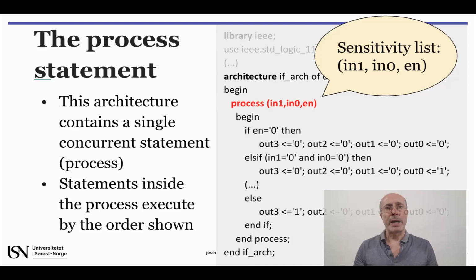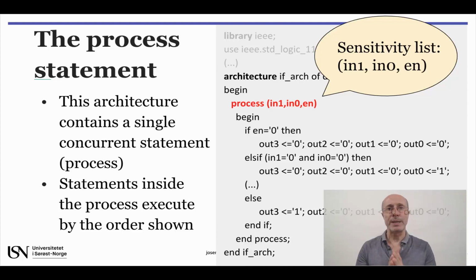This slide shows how to describe the 2 to 4 decoder function using a process statement. The if statement used inside the process is a sequential statement, as you might expect, and so it will be presented later, but for now I would like to call your attention to the fact that the process declaration comprises a list of signals enclosed by round brackets.